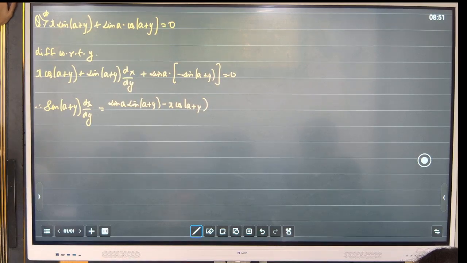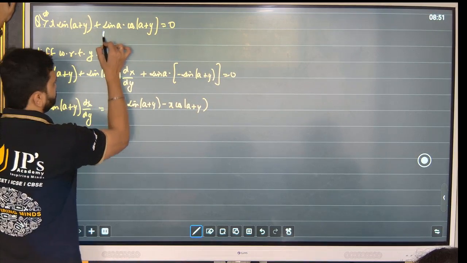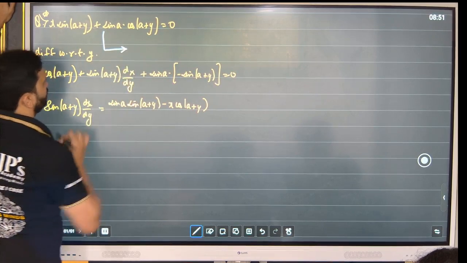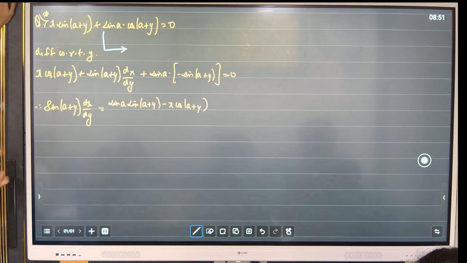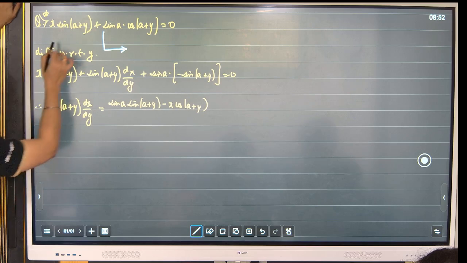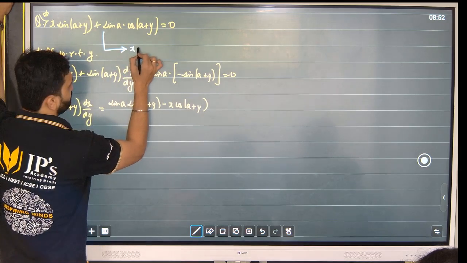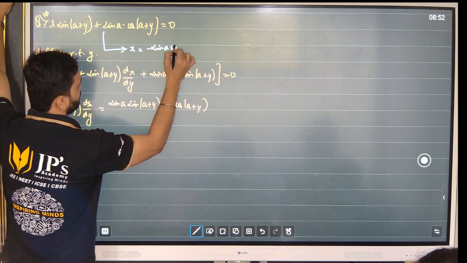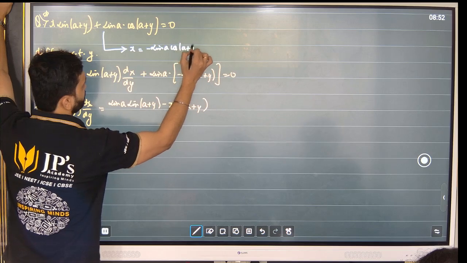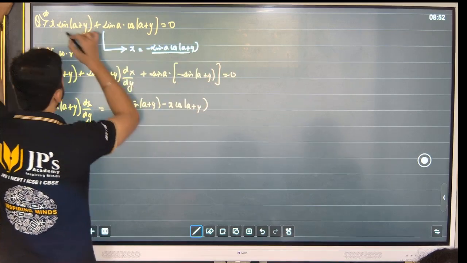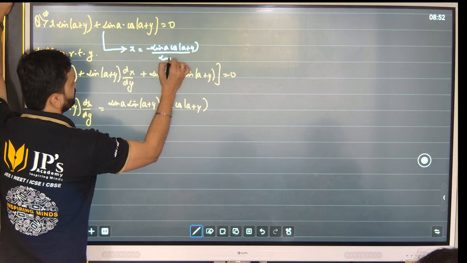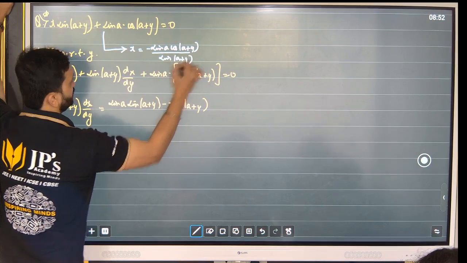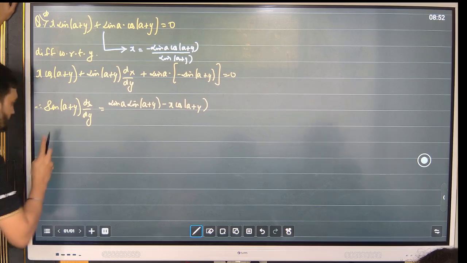Now if you check carefully from this equation, the value of x will become minus sin a cos(a + y) upon sin(a + y). So we'll substitute it.